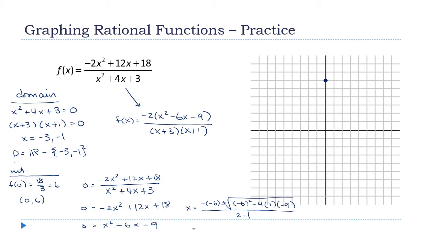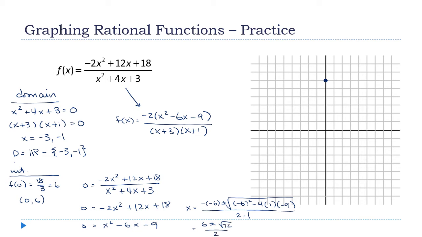It's going to get a little messy, but that's okay. This is 6 plus or minus... what's going on under that square root? I've got 36 plus 36, so that's the square root of 72 over 2.